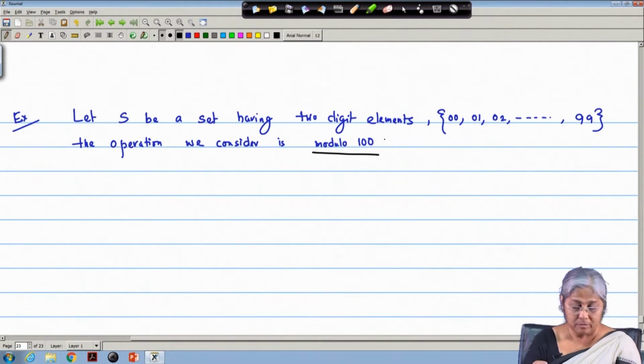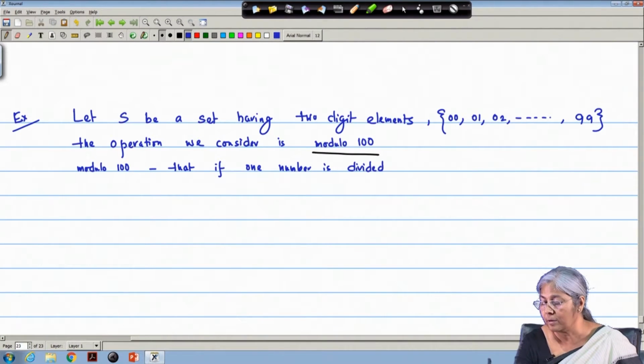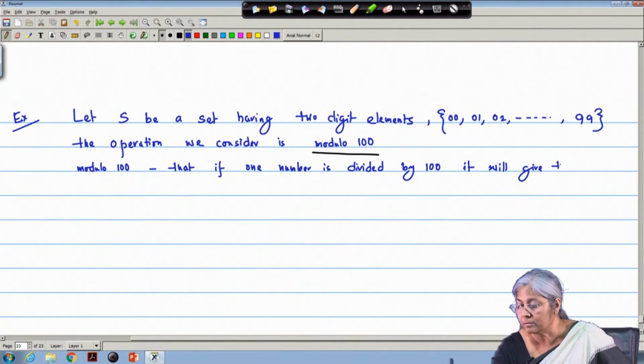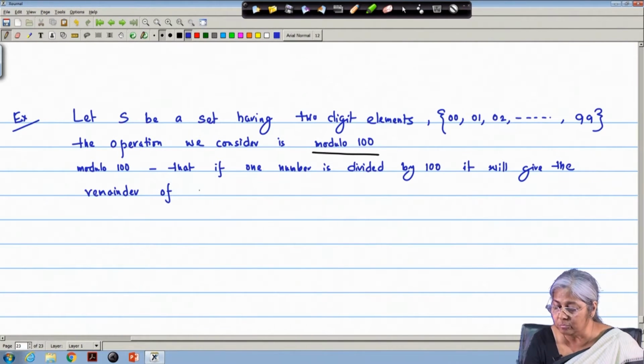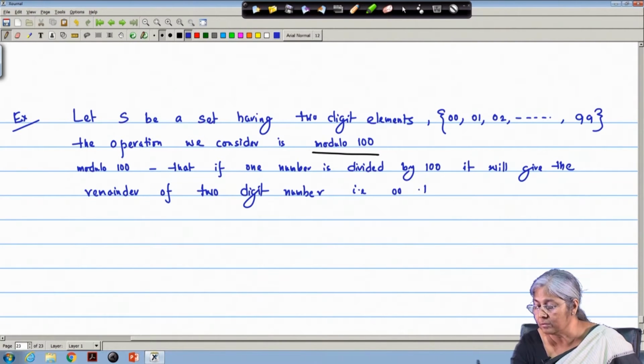So this modulo 100 operation gives the remainder as a 2-digit number, again 00 to 99.